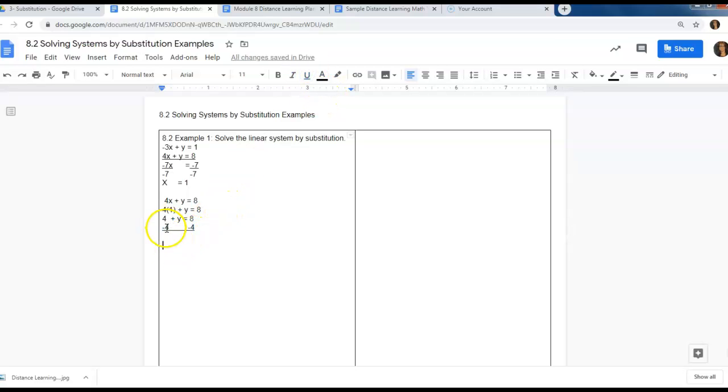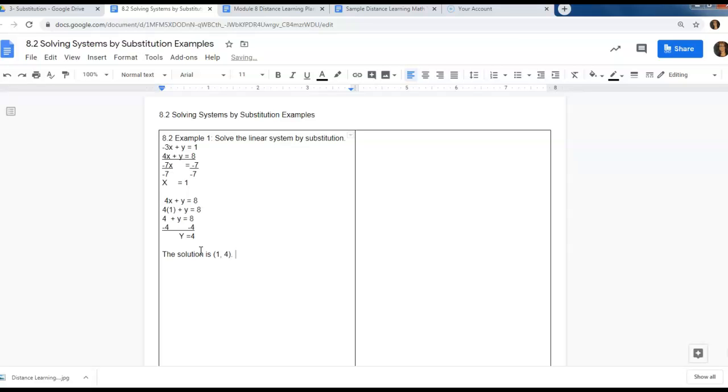So 4 minus 4 is 0, so the only thing that's going to stay on that side is the y. And on this side, 8 minus 4 is 4. So now I have my solution. The solution is 1 and 4.